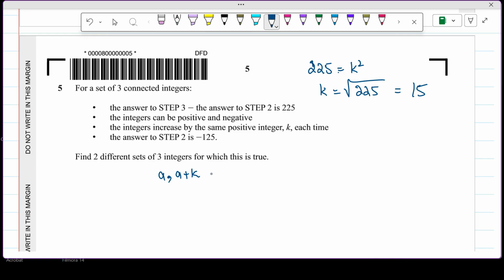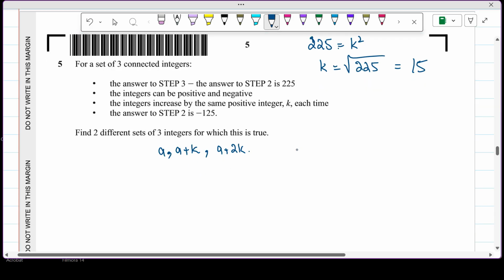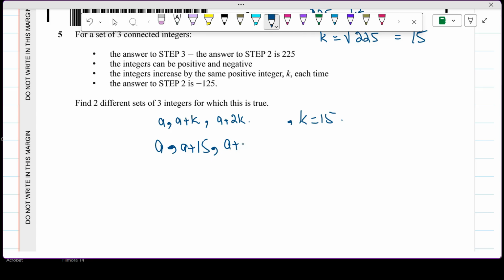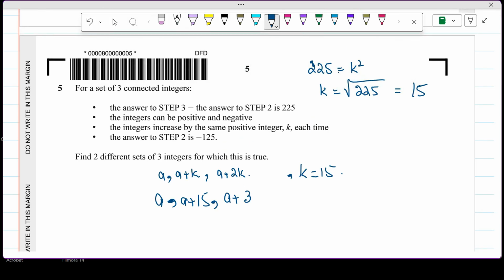In this case k is equal to 15, as we just calculated. So this is a, a plus 15, then a plus 2 times 15, which is a plus 30.